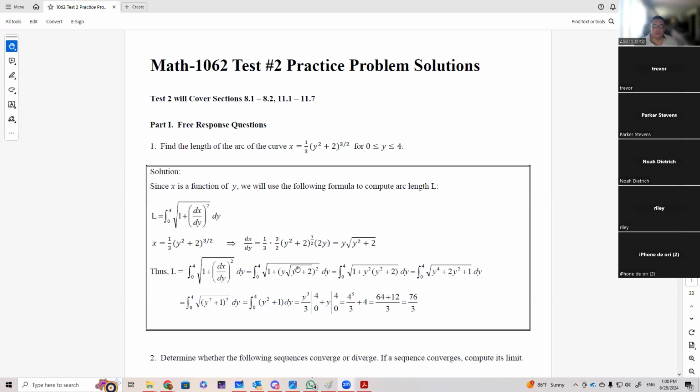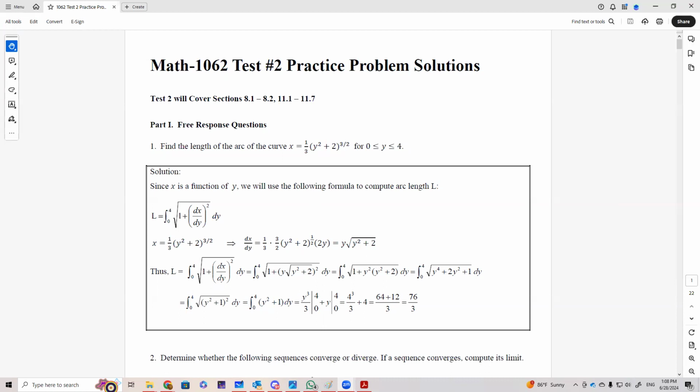Now, when you square that, you're going to have that this is simply the integral of y to the 4 plus 2y plus 1. And this you can fold into a binomial square. Once you fold that binomial square, you can cancel the root.